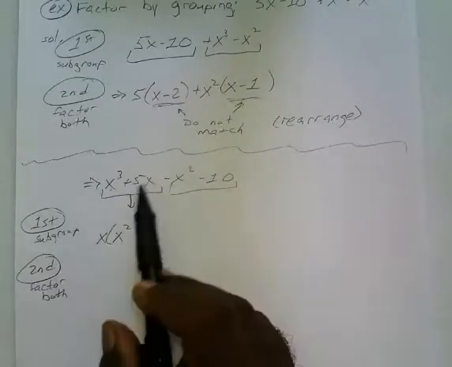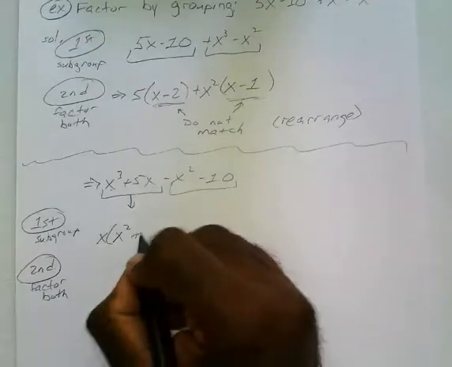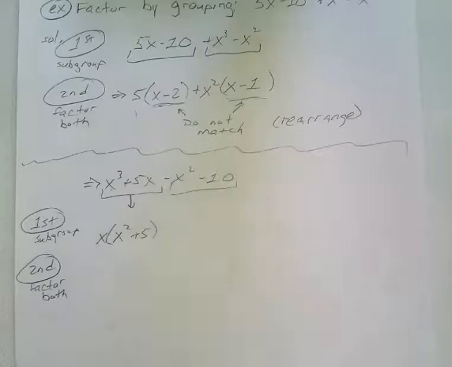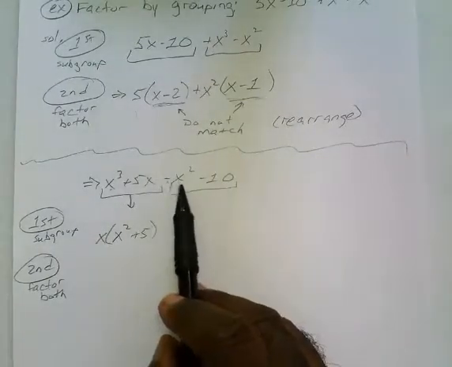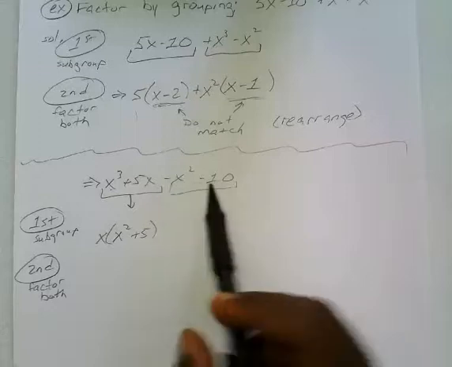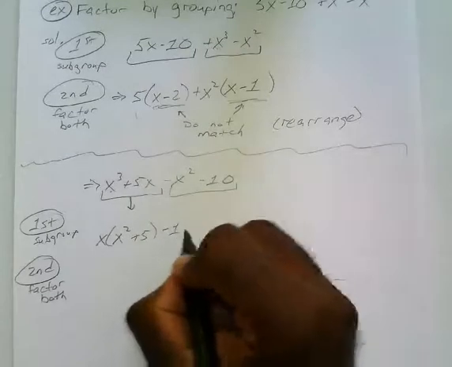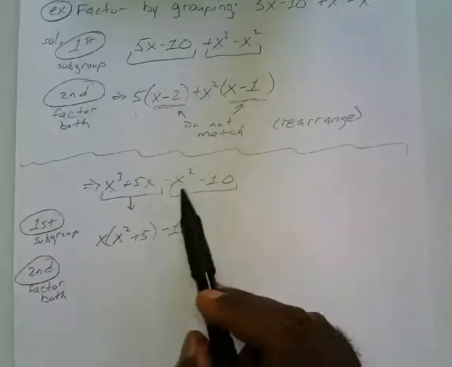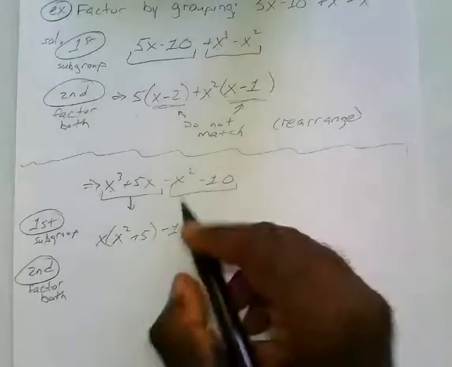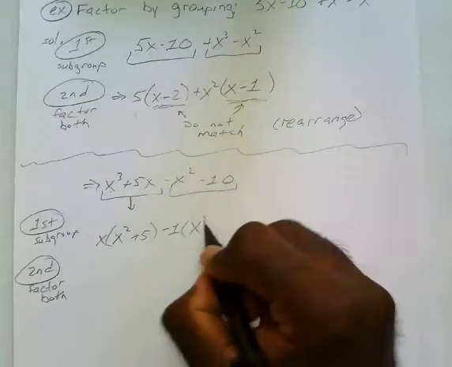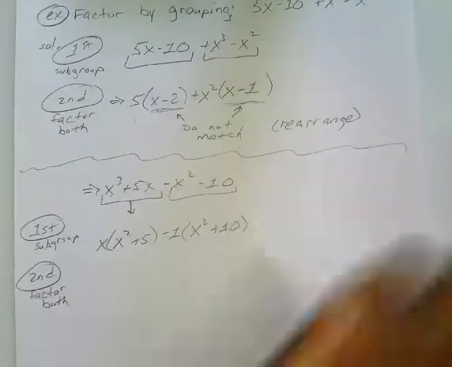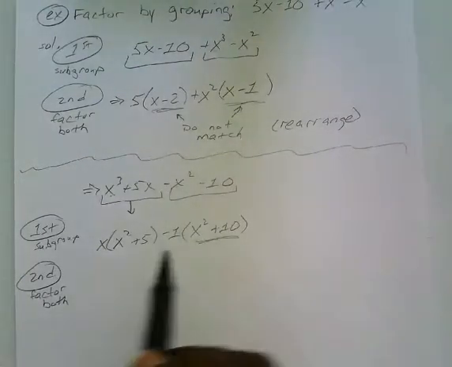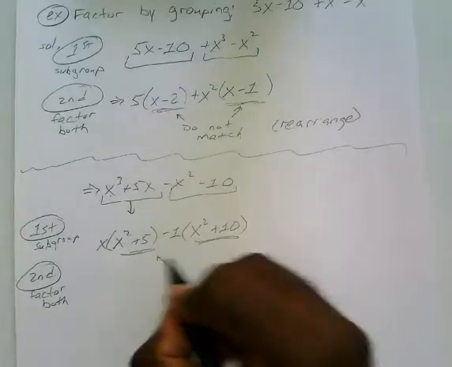And x times what gives us 5x? That'll be plus 5. For these two terms, remember you have a middle term that's minus. So the only thing you can factor out of those two would be negative 1. And when you factor out a negative 1, your signs just change. So negative x squared becomes positive x squared, and negative 10 becomes positive 10. So once again, these do not match, so you can't factor them out.